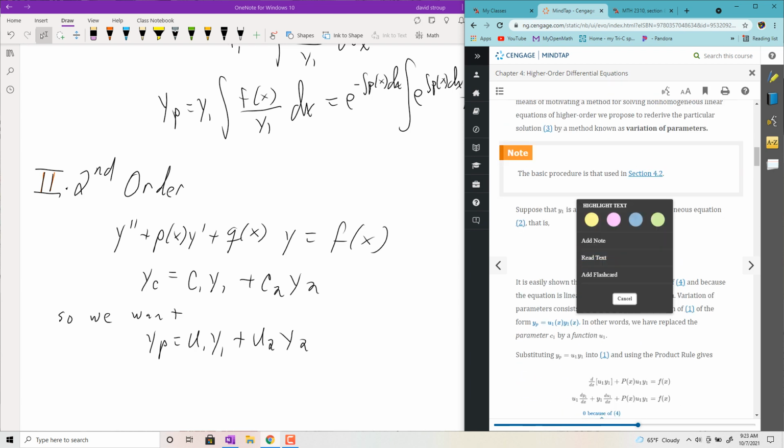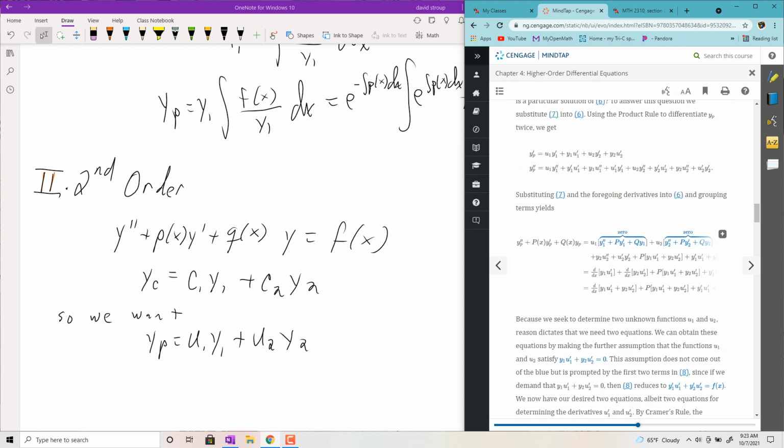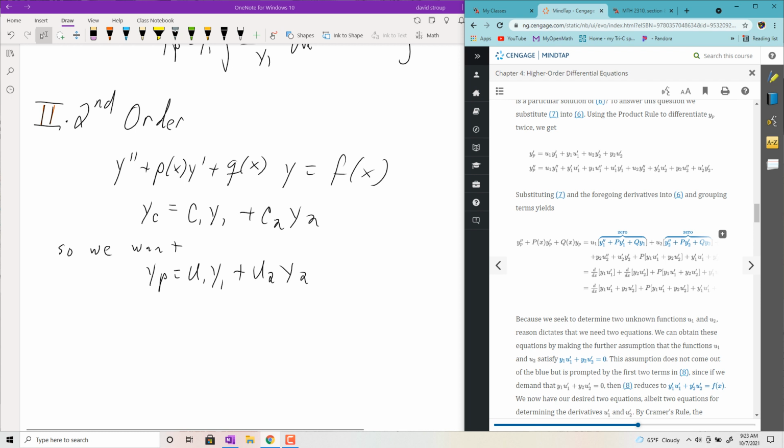If you look down at linear second order, where are you? Yeah, down here. The algebra is a bit tedious. I'm just going to give you the long story short. So basically what you're going to do is sub that expression y sub p into the non-homogeneous equation, okay?